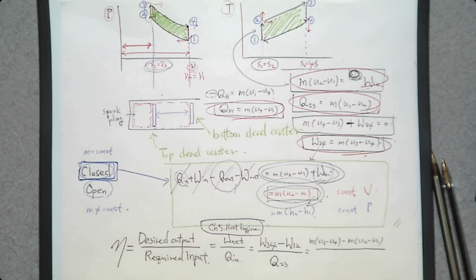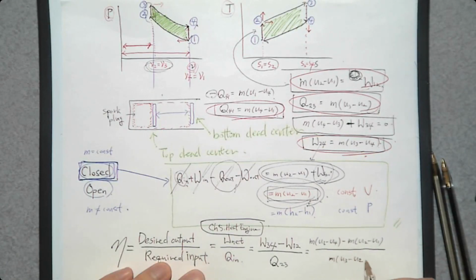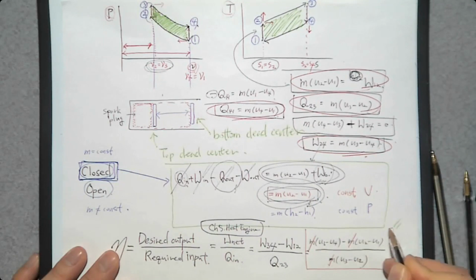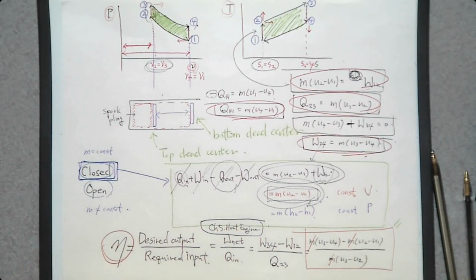It's going to be mass times U3 minus U2. So we can cancel mass, and this is how we determine the thermal efficiency. So this is how we do air standard analysis for this Otto cycle.